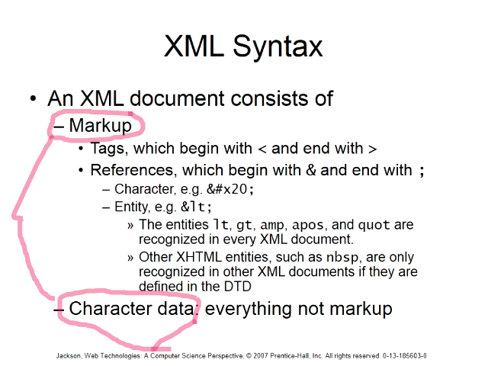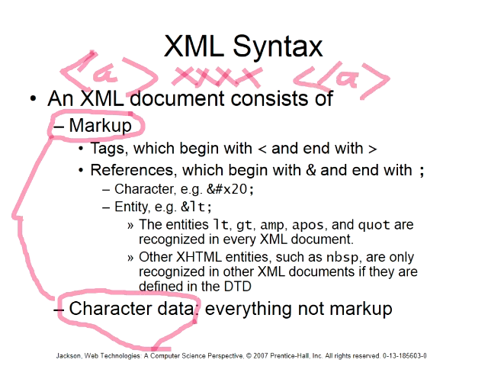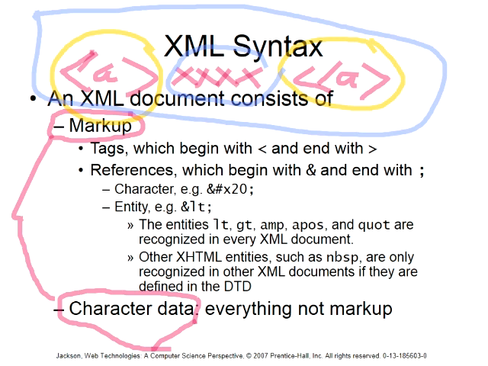So for example, if I write like this, A, X, X, X, X, and A. In yellow, this and this one are markup, and in blue, this is character data, and all this, yellow plus blue, represents an element.